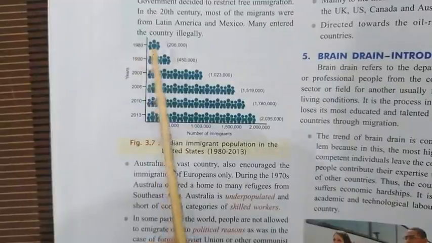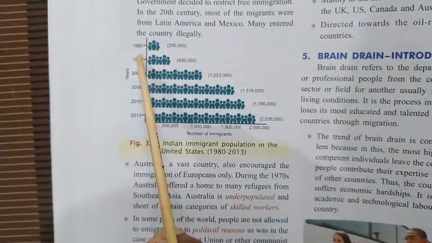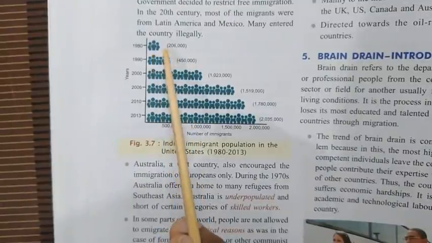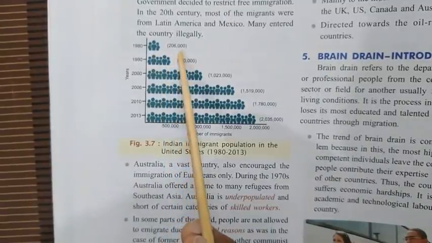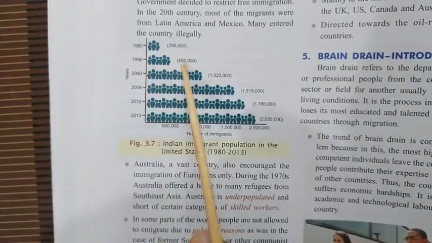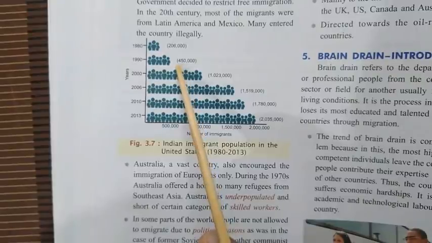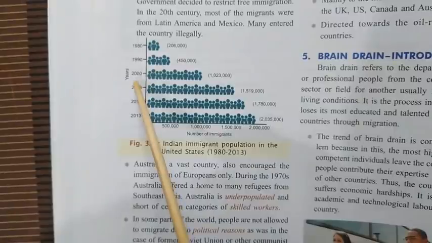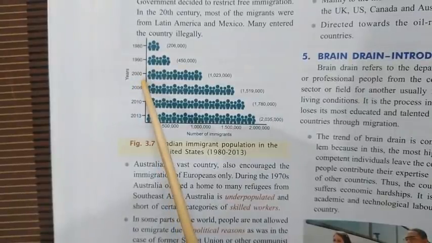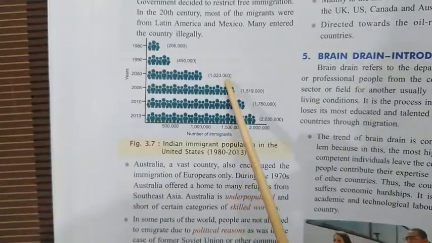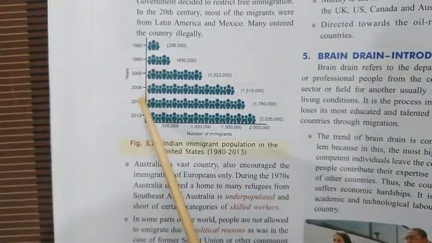In 1980, how many people migrated to the US? 2,06,000. After 10 years, in 1990, the Indian population became 4,50,000. In 2000, after again 10 years, how much did it become? 10,23,000. Then after 6 years, in 2006, what happened?